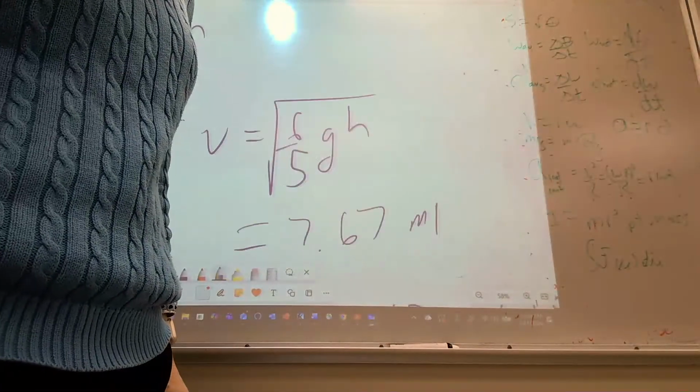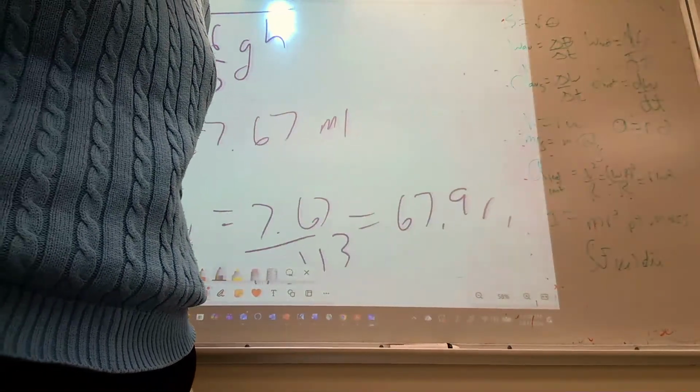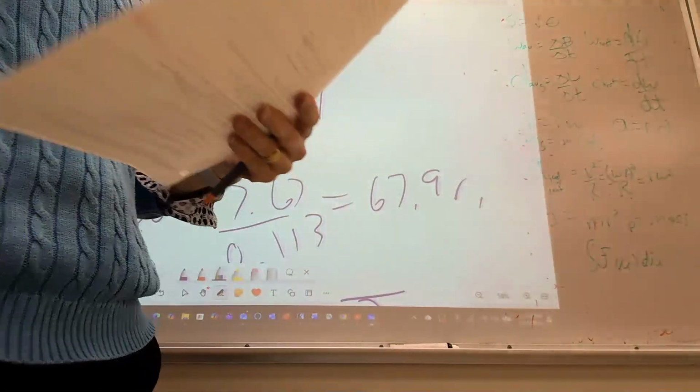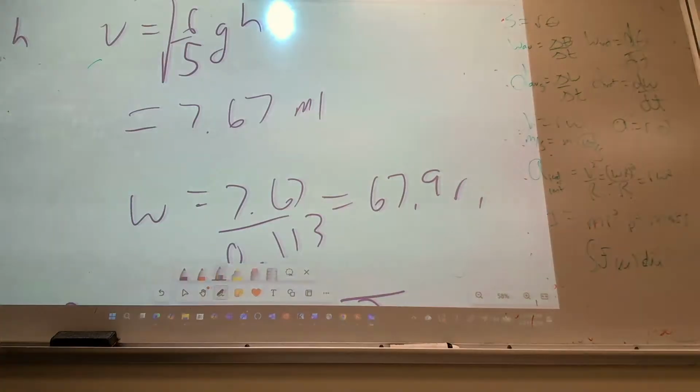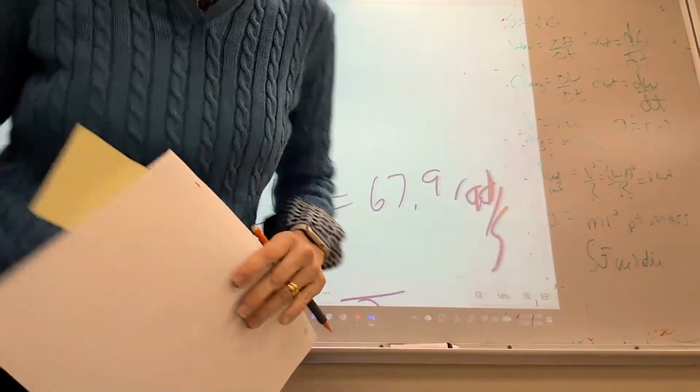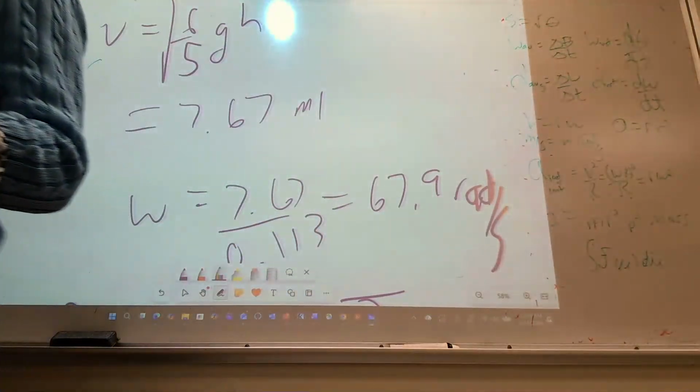We can get our omega, which is v over r, so we get 67.9 radians per second for our omega. Did you get that? Now, then you have to get your rotational kinetic energy.